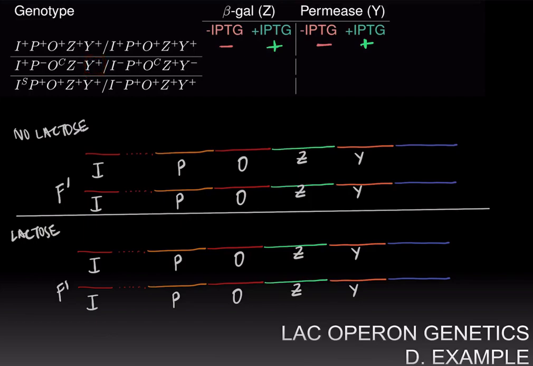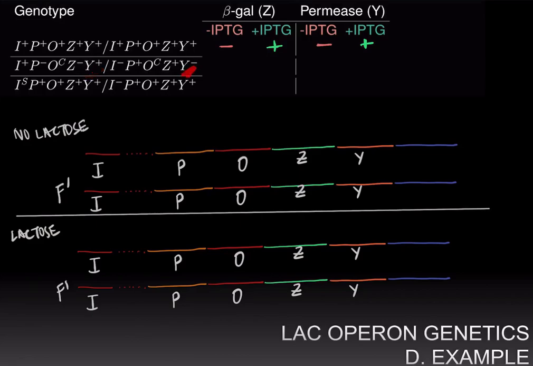However, we also have a P minus mutant promoter on this allele, and if you have a mutant promoter, polymerase cannot bind, and therefore no transcription will occur, and this allele cannot express any permease.